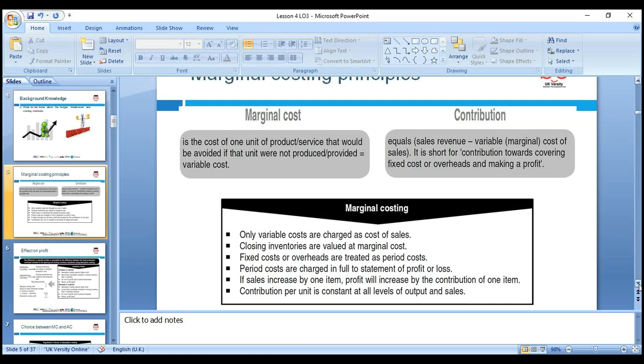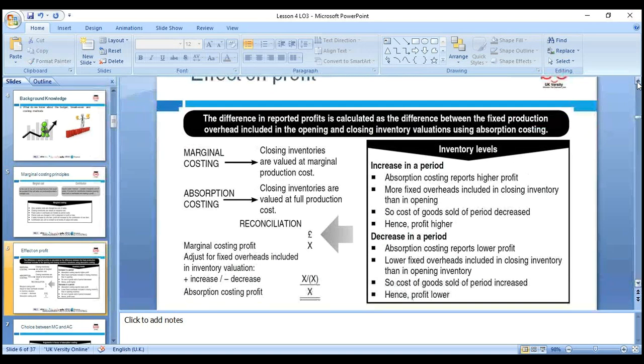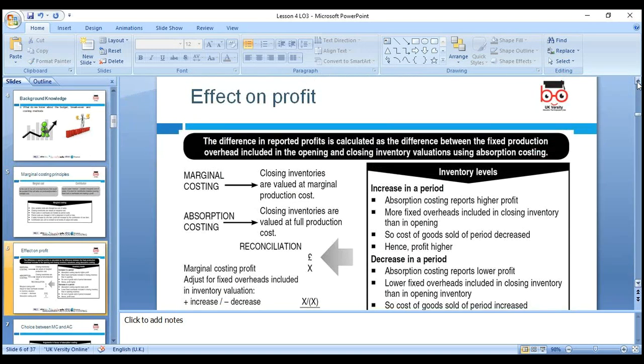If the sales increase by one item, the profit will increase by the contribution of one item. The contribution per unit is constant. So that is what is called marginal costing, also known as variable costing.